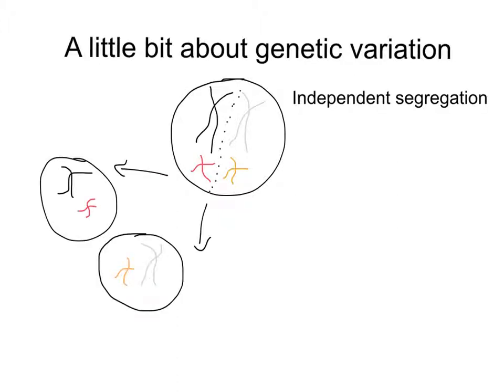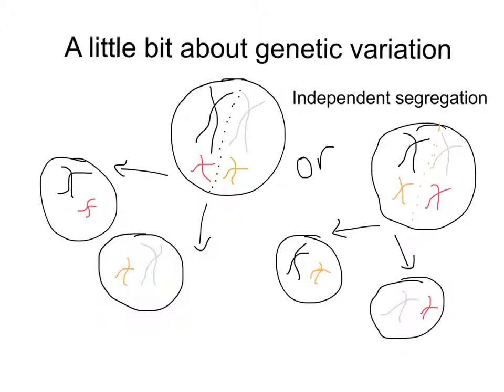You can see that when the pairs separate during meiosis, these 2 will lead to one cell and these 2 will end up in the other cell. However, if they line up in a different orientation, when they separate, we'll get different cells forming. This leads to genetically different gametes.